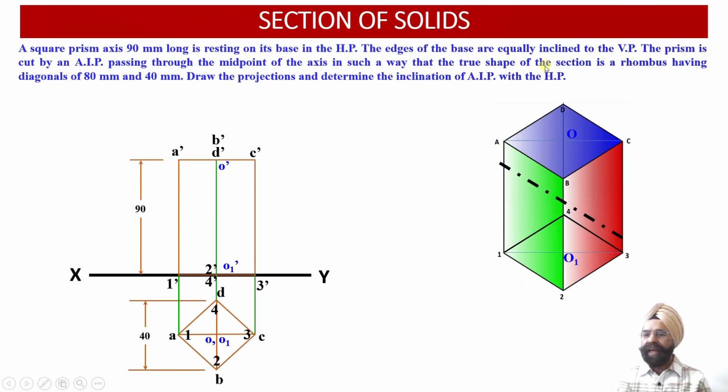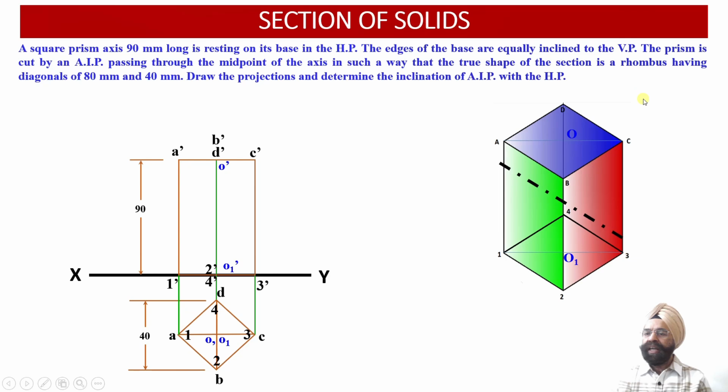So now we know that if we have to obtain the true shape of the cut section, we have to draw an auxiliary inclined plane parallel to this cutting plane, and whatever true shape of the cut section will be obtained, the longer edge or the longer diagonal of this rhombus will be measuring 80 millimeter.